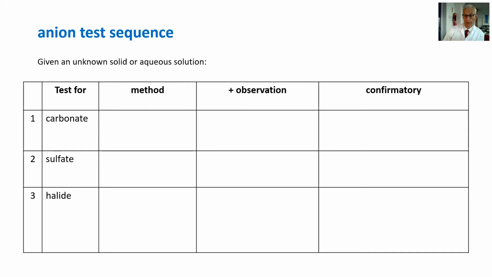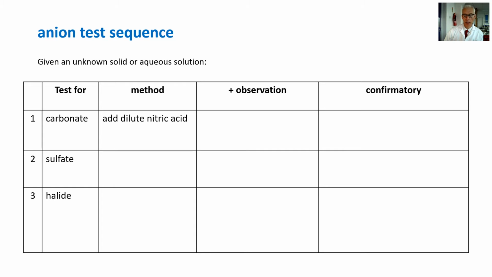So if you know the methods for the test for the carbonate, the sulfate and the halide, that is, you have factual knowledge of that, I suggest you pause the lesson and write that down, plus any observations. Otherwise, I'm going to reveal the method for testing for the carbonate ion, CO3 2-.